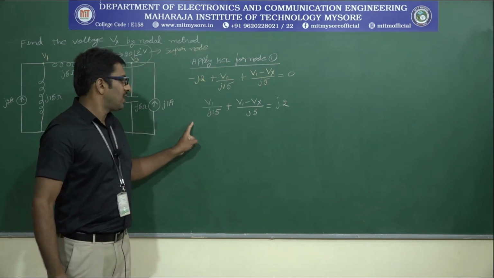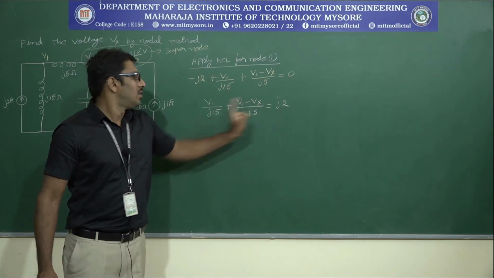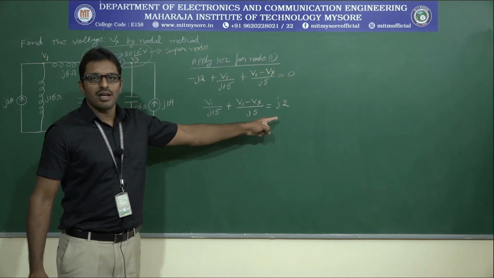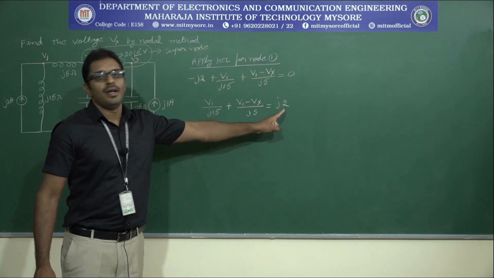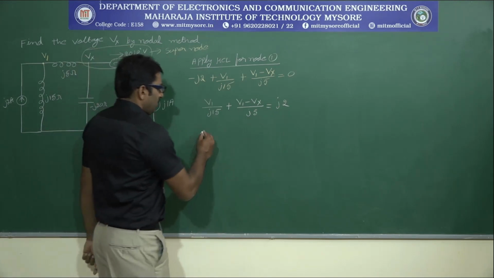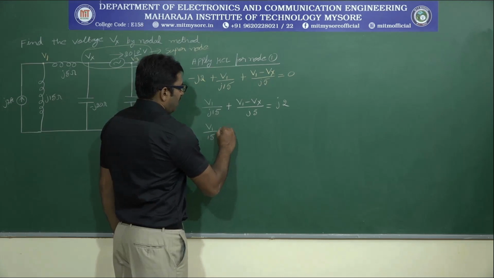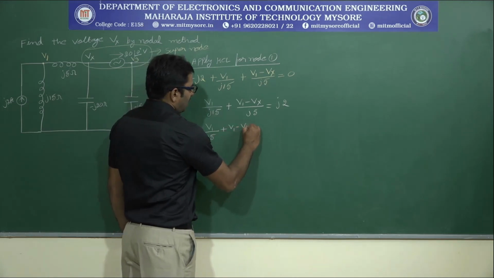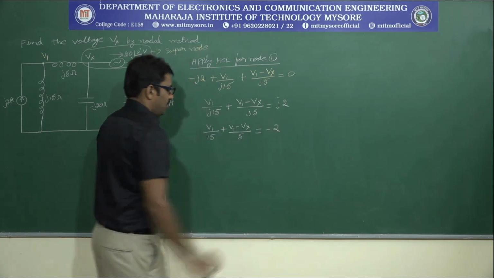If you take J as a common factor and multiply with the RHS, J into J2 gives J square. What is the J square value? Minus 1. So minus 1 into 2, minus 2. So V1 by 15 plus V1 minus Vx by 5 is equal to minus 2.